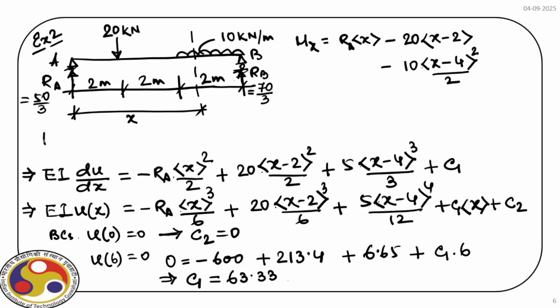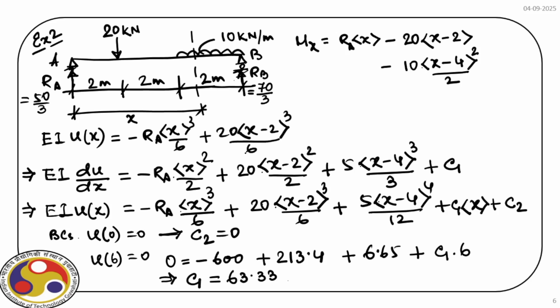So we have EI u of x is equal to minus RA x cube by 6 plus 20 times x minus 2 whole cube divided by 6 plus 5 times x minus 4 whole cube divided by 12 plus, in place of C1 we have 63.33 x and C2 is equal to 0.